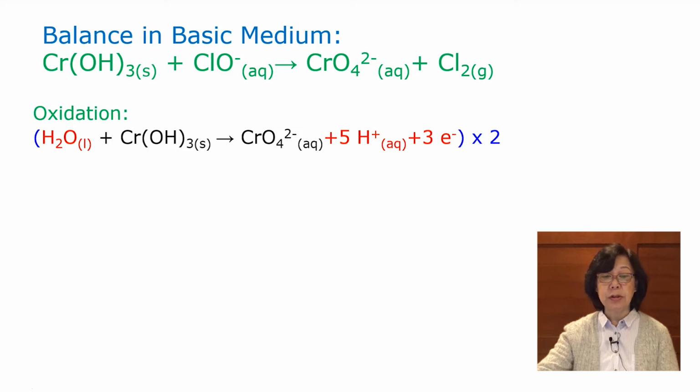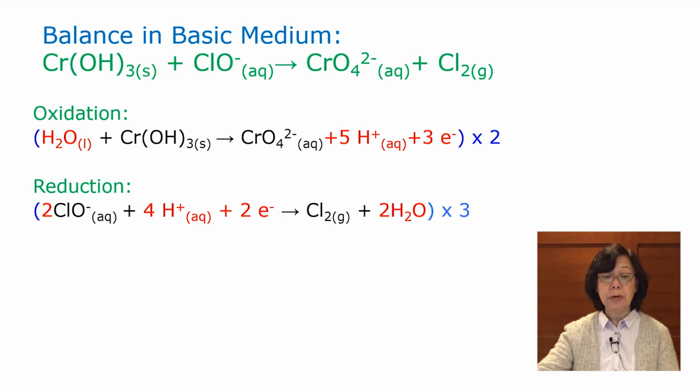Now looking at the oxygen atoms, we have 3 on the left and 4 on the right. Therefore, we add 1 mole of water to the left, and that creates a total of 5 moles of hydrogen atoms. So we add 5 moles of hydrogen ion to the right, and to balance the charge, we add 3 moles of electrons. For the reduction half reaction, the hypochlorite ion is reduced into chlorine.